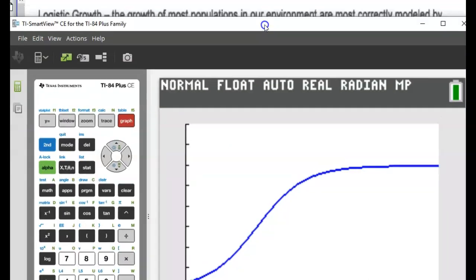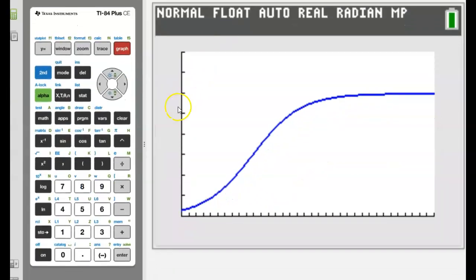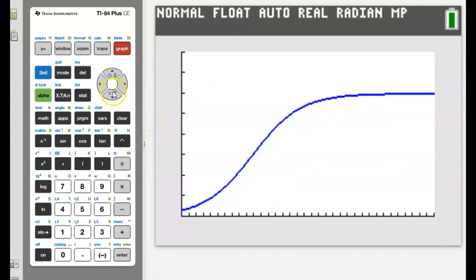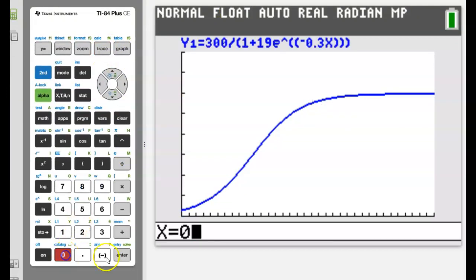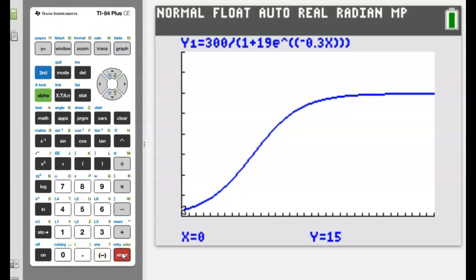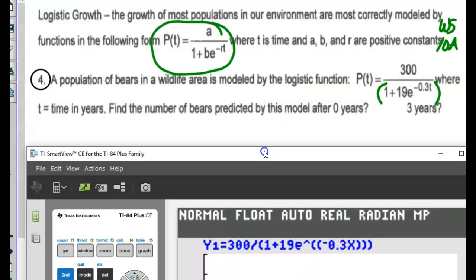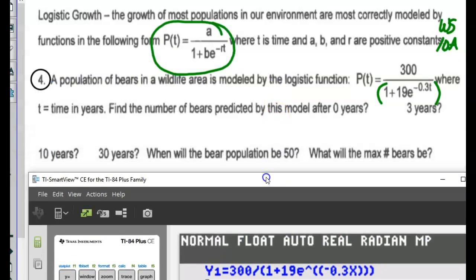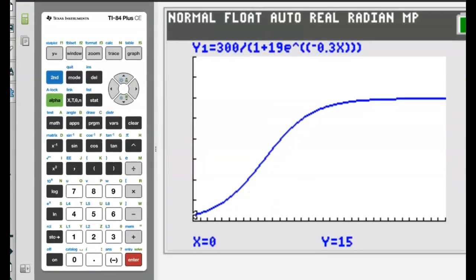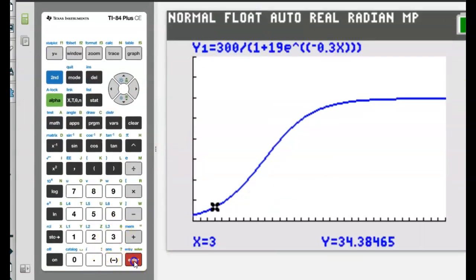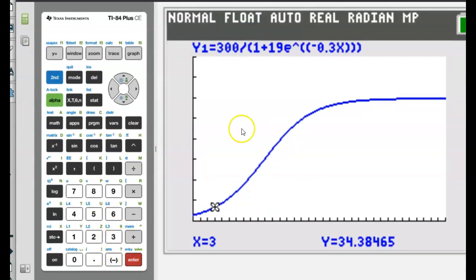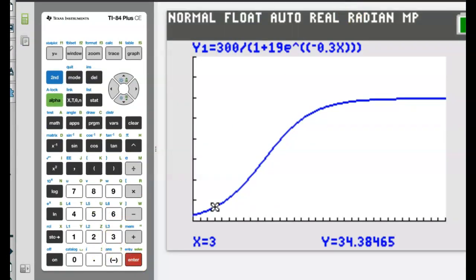Okay. What does the question ask? After 0 years. So how are we going to do that? Yeah, I'm just going to do trace 0. If you would prefer to go to the table, you could. Initially, there was how many bears introduced here? 15 bears. Okay. And after 3 years, it asks about. So I'm just going to trace 3. There's about 34 bears.